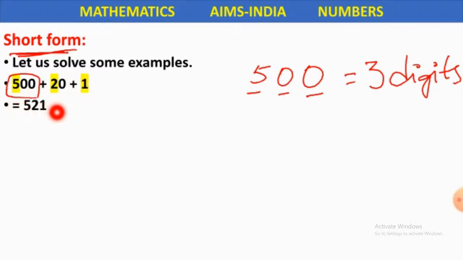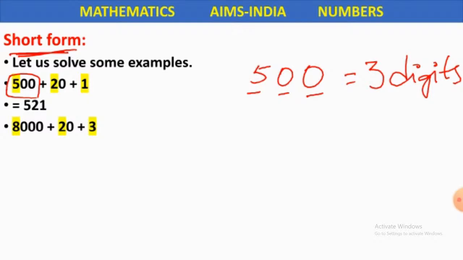All together it forms what, children? 521. As I said, there are 3 digits in 500, and so there should be 3 numbers in the question and 3 digits in the answer as well.